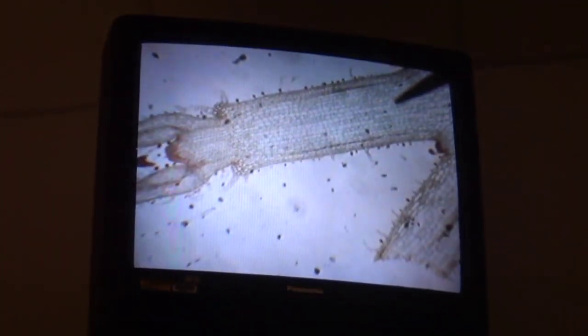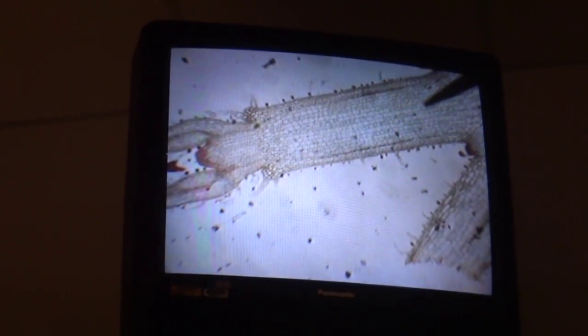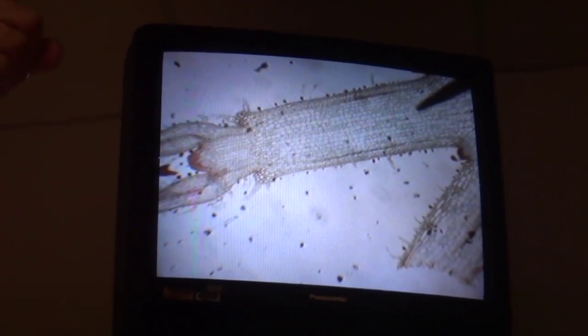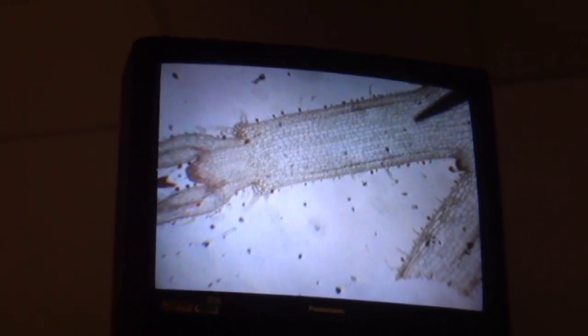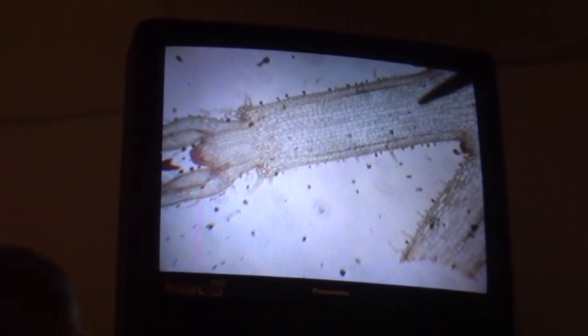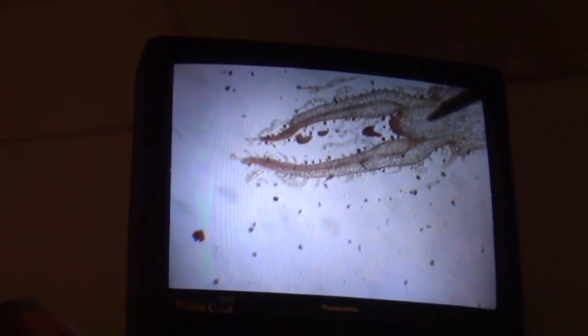All right. So, what tissue is the pointer? What tissue? No. There we go. Say it louder. Ground tissue. Yeah, that's ground tissue. Now if I move up here, however, what tissue is that?